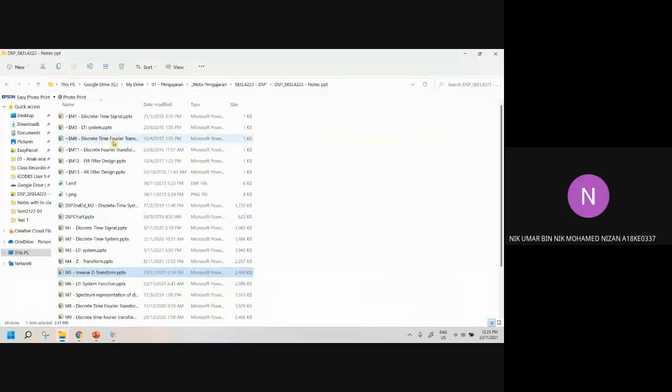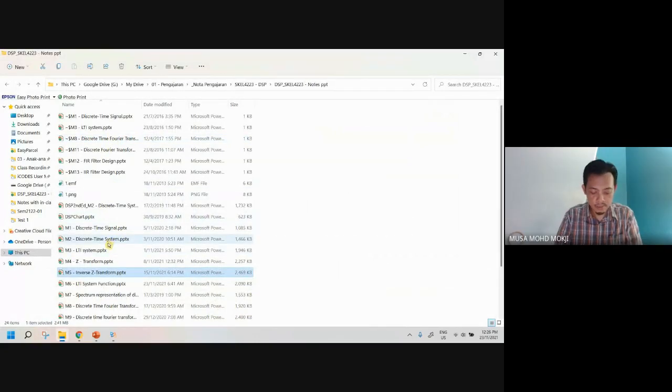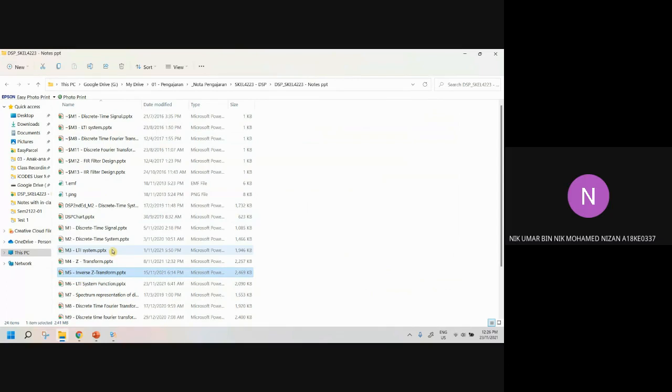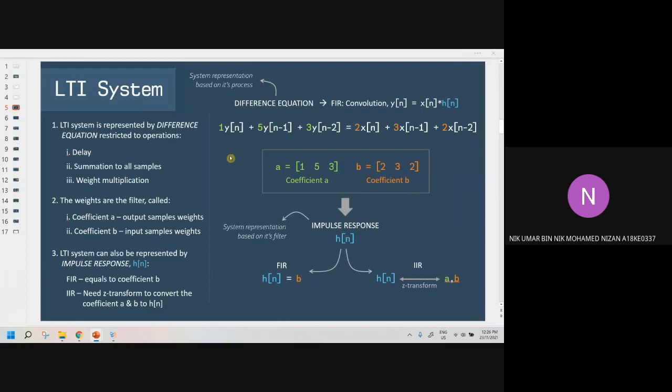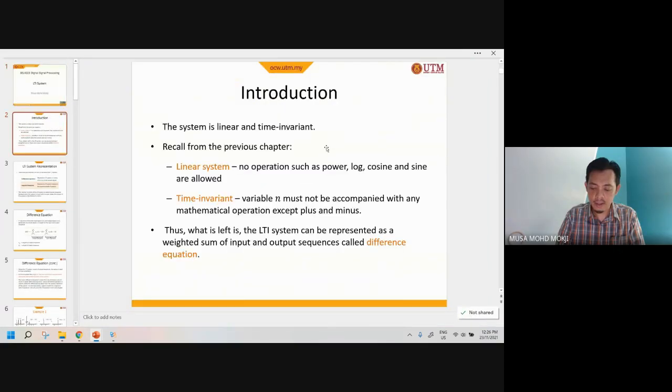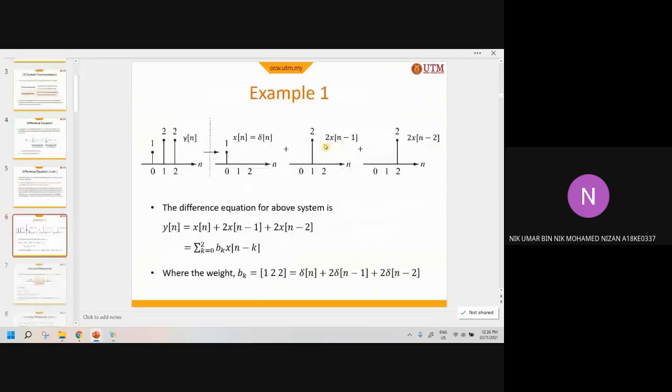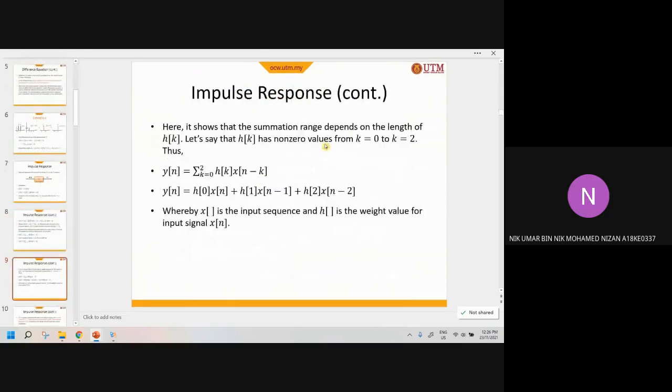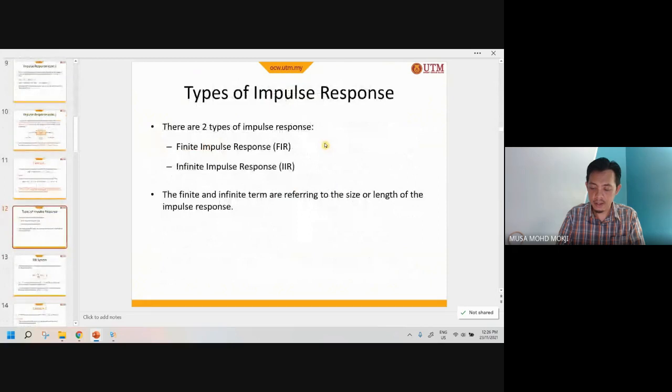There's a mention in this, yes. FIR. Pardon? FIR. Again? There's a mention in this FIR slide. An LTI system. Yes, I think in this chapter. Let's see FIR, if I'm not mistaken. Yeah, you might be correct.